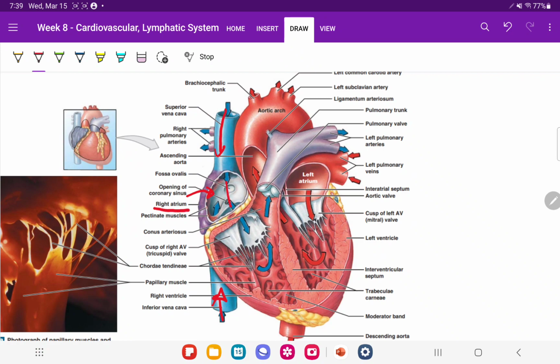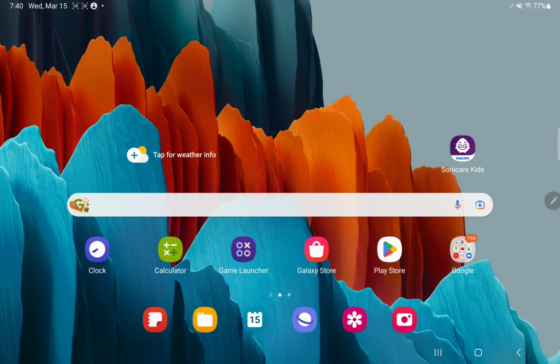Blood flows from the right atrium through the tricuspid valve to get to the right ventricle. Blood will then flow from the right ventricle to the pulmonary trunk via the pulmonary valve.